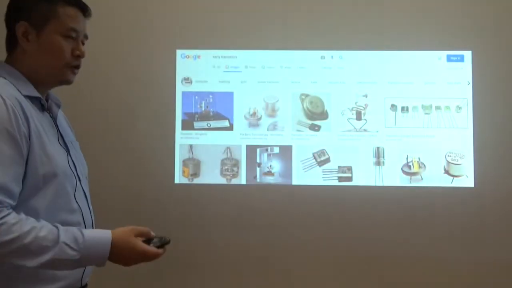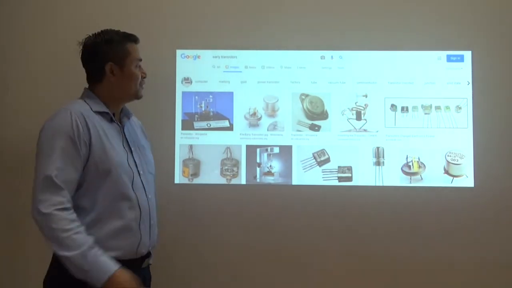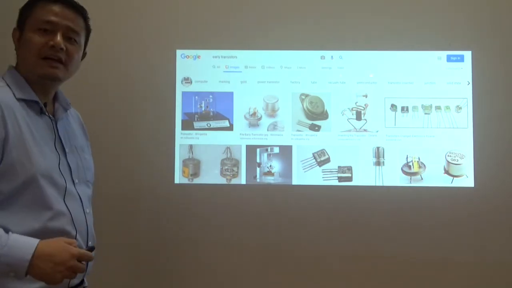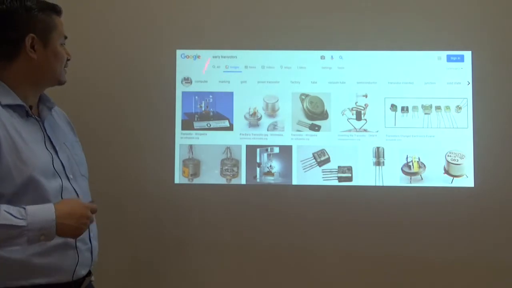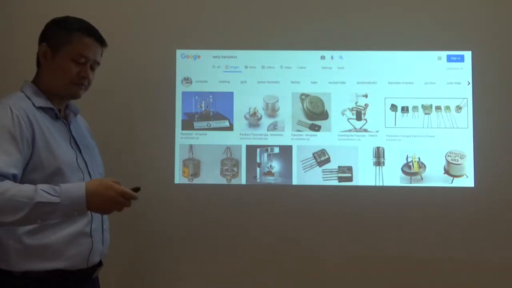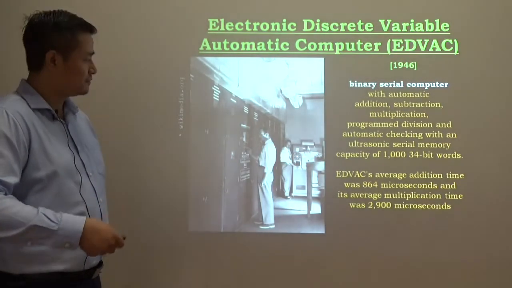Now, those electronic computers are mainly based on transistors. I did a Google search with the keyword early transistors. So these are the early transistors, bulky enough, because of that we had bulky computers before.